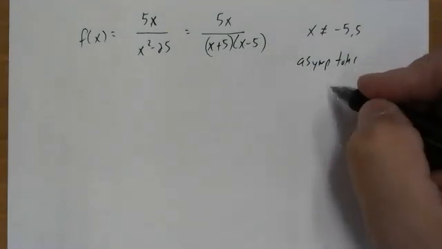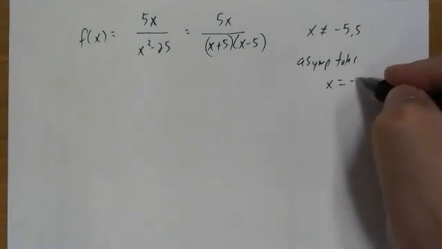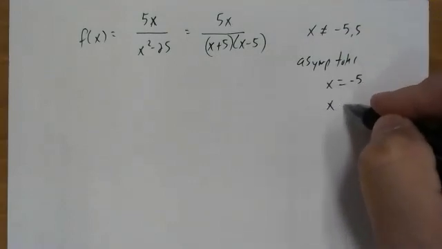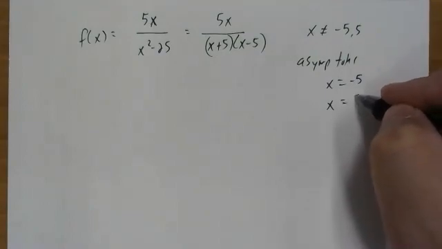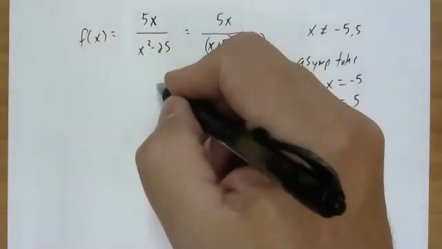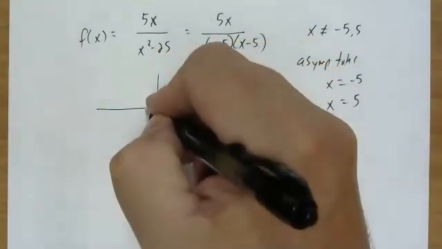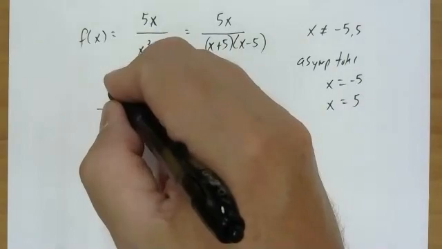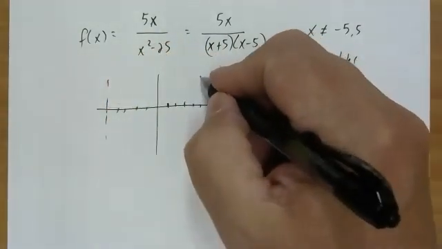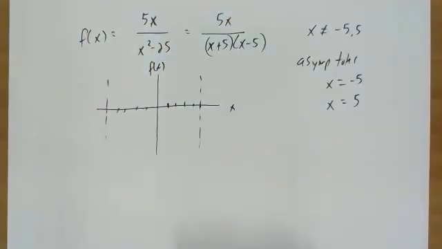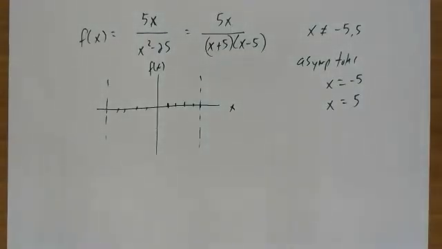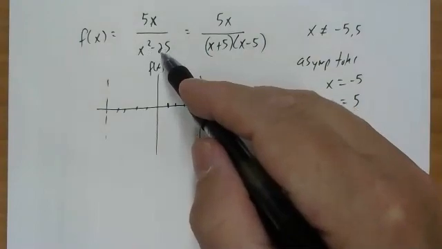And therefore, the equations of my asymptotes are x equals negative 5 and x equals 5. There are two of them. So if we were just to draw the asymptotes, all right, not too hard. Just had to factor here.